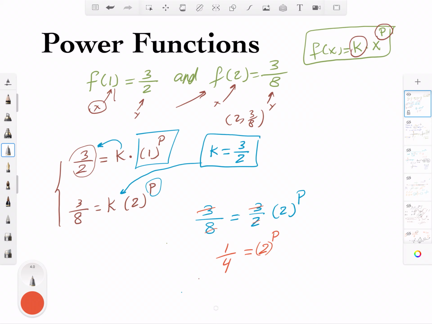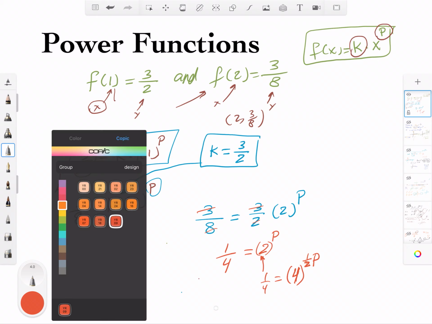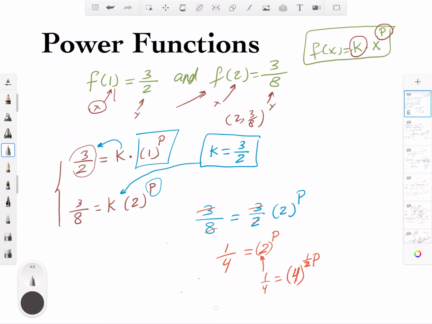Then instead of this 2, I can put 4 to the power of 1/2, so 4 to the power 1/2 p. I'm just trying not to use log and just make the same base. So 4 to the power 1/2 is 2, so we didn't do anything wrong.